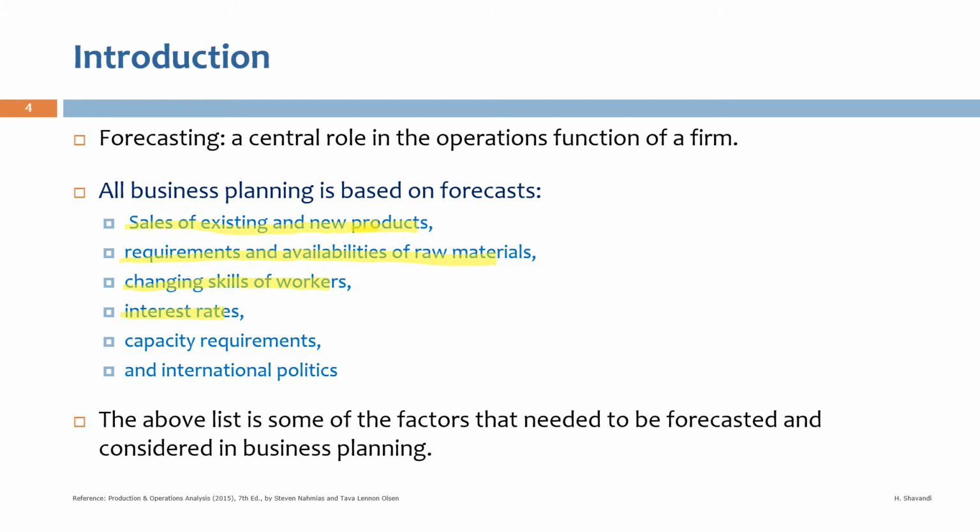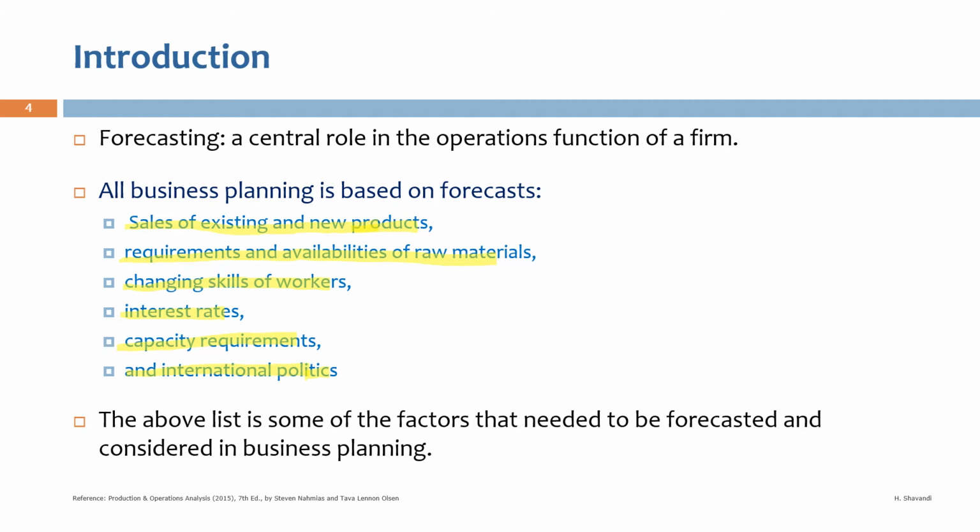We need to forecast the capacity requirements, right? And also we need to forecast international politics in order to do our strategic planning for future, right? So these are examples for the forecasting that we need to have in any firm to plan for future.